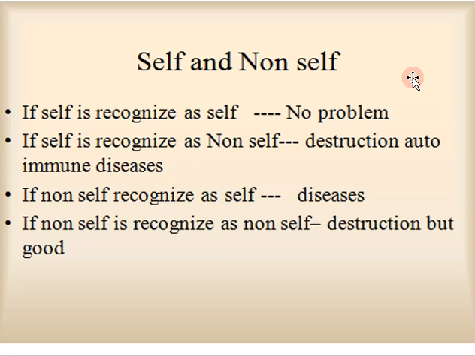When the self is recognized as self, there is no problem in our body. But when self is recognized as non-self, then there is a problem, because it will destroy that particle. So sometimes our body cells recognize our own body cells as non-self, and then start destroying them, and that is called autoimmune disease.